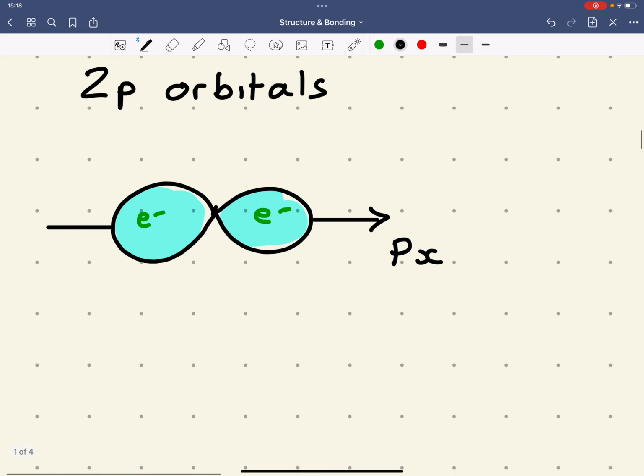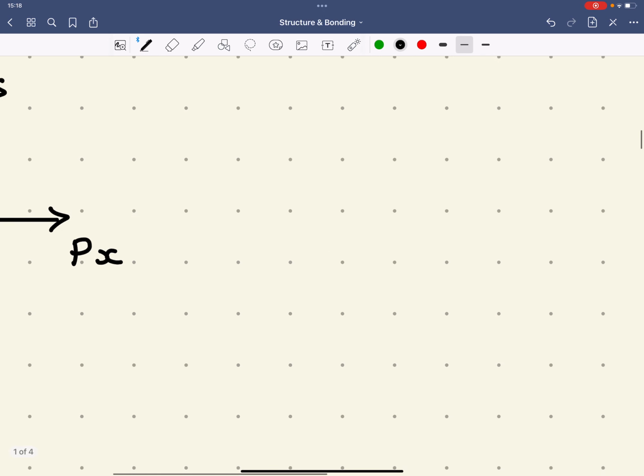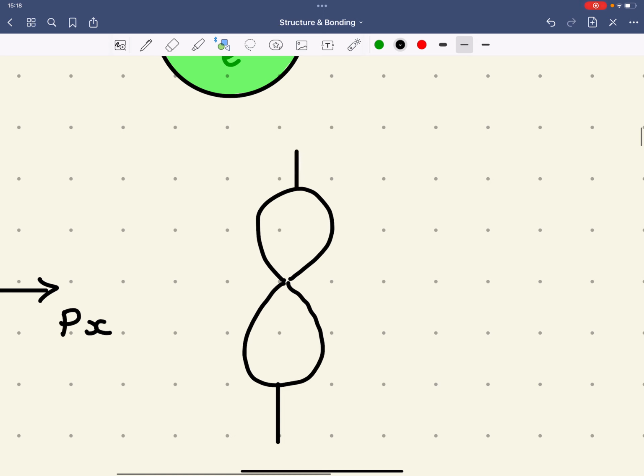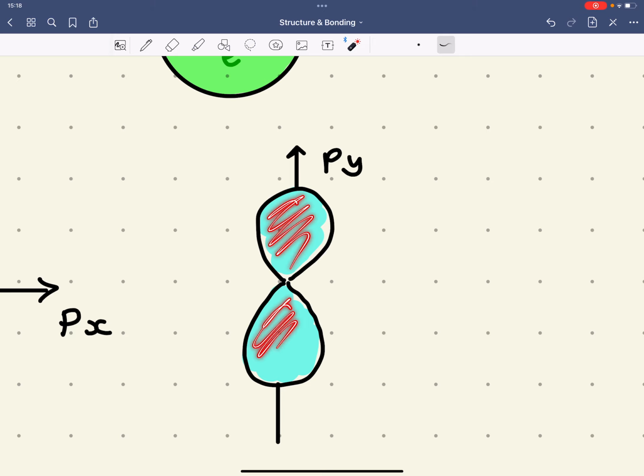You've then got py, so you can think of these as lying along the y-axis. And again, there are 2 electrons somewhere in this region of space here.